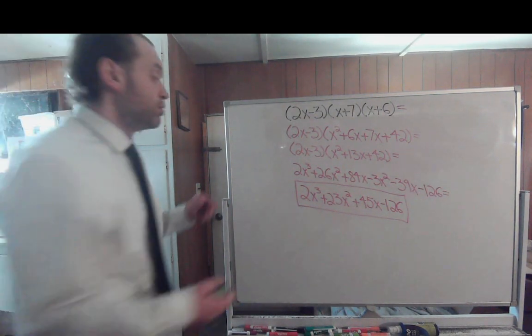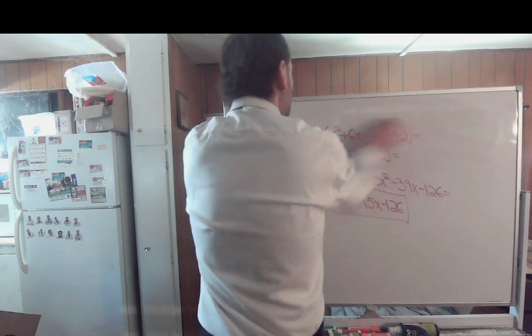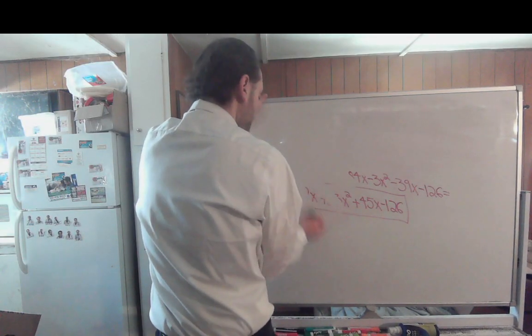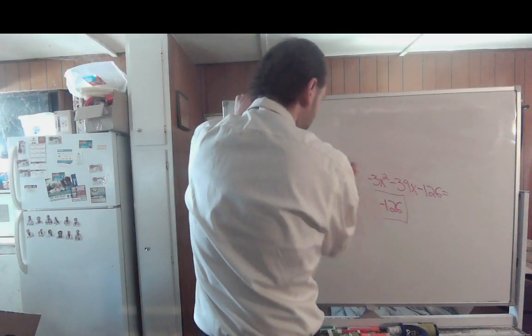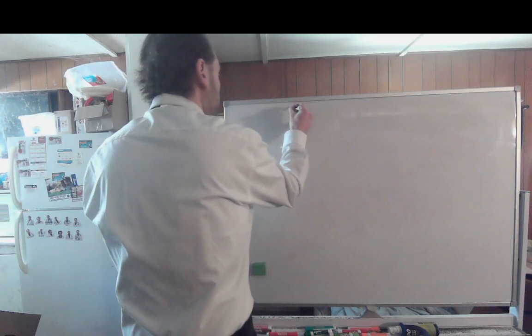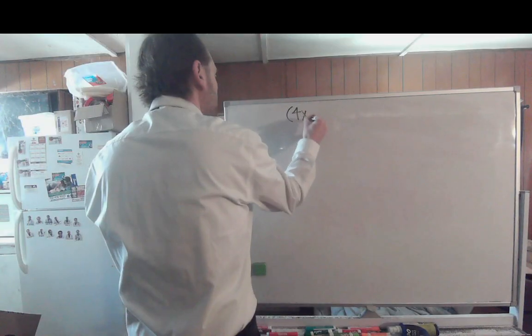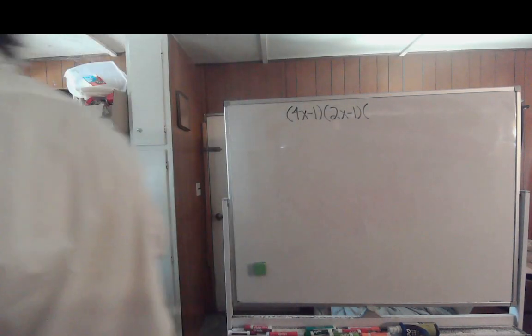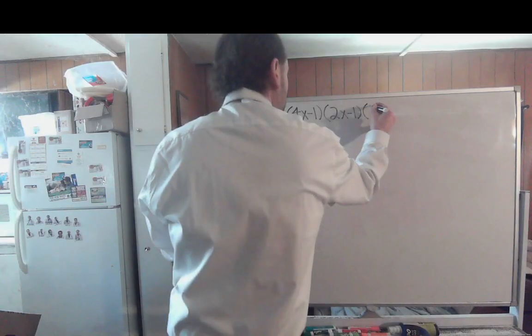I think we'll do one more, and then we'll be done with the lesson. The quantity of 4x minus 1 times the quantity of 2x minus 1 times the quantity of 3x minus 2.